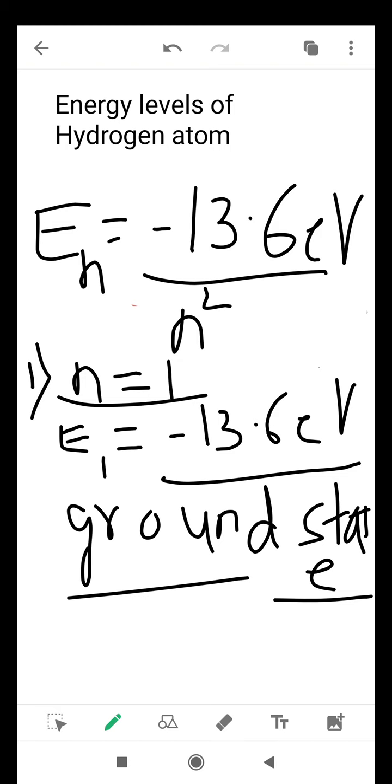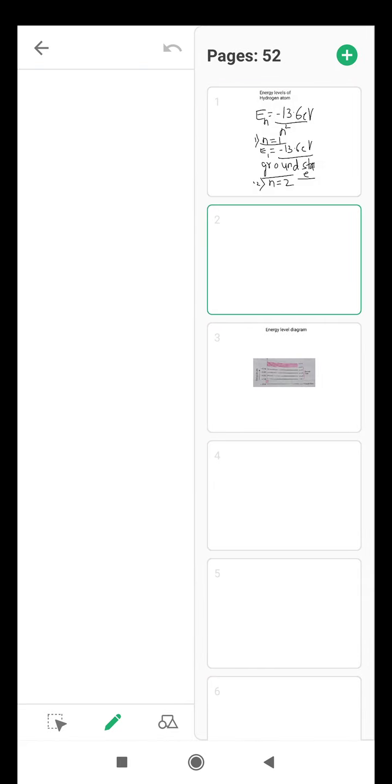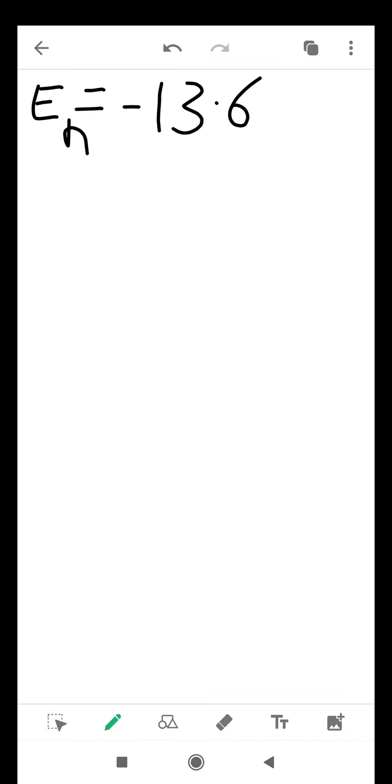Similarly, if I consider the second case, that is n equal to 2, the electron is revolving in the second orbit. The energy of the hydrogen atom for n equal to 2, using the total energy expression, En is equal to minus 13.6, and here n equal to 2 means n square is 4.